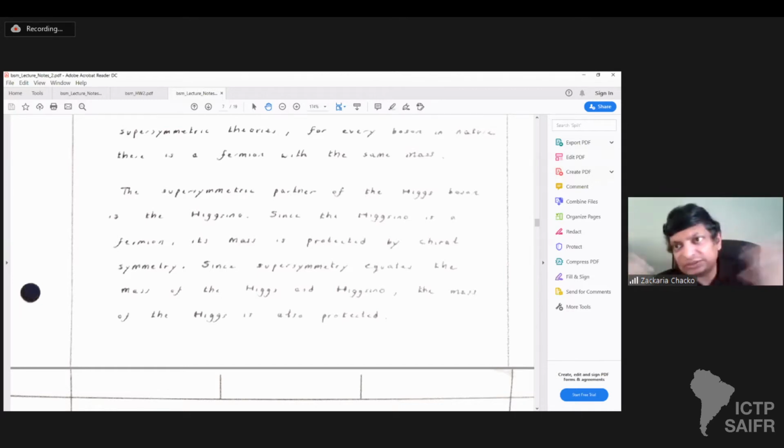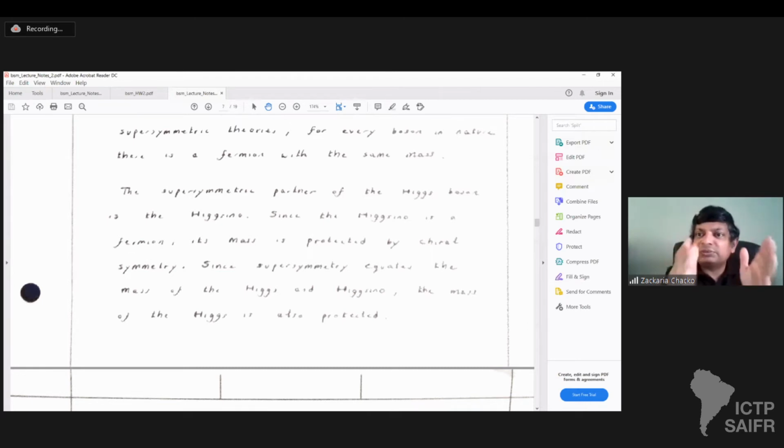Just like the mass of any fermion is protected by chiral symmetries, the mass of the Higgsino is protected. But now, since supersymmetry says that the Higgsino and its superpartner, the Higgs, must have the same mass, it means the mass of the Higgs is also protected. So this is the way that supersymmetry addresses the hierarchy problem.